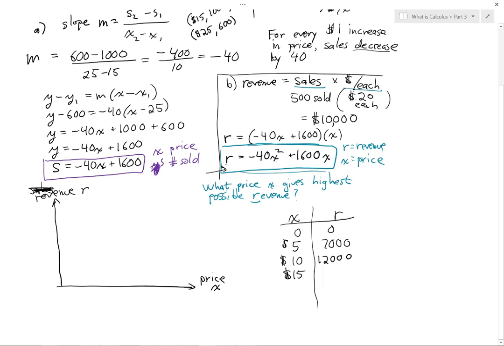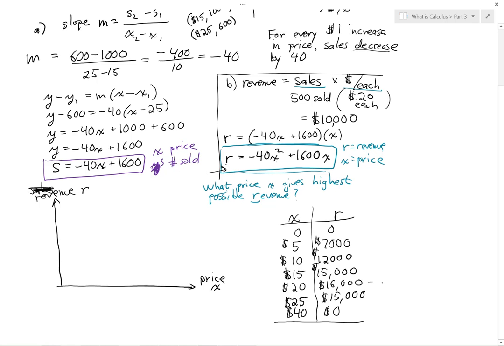15 price, 15,000 in sales. This is all money. $20 ticket price. The revenue still increasing, just to a lesser amount. So it looks like it's reaching its maximum right around 20. Now, we can't just come to the conclusion that the maximum occurs at 20 just from this table, because there's a possibility.